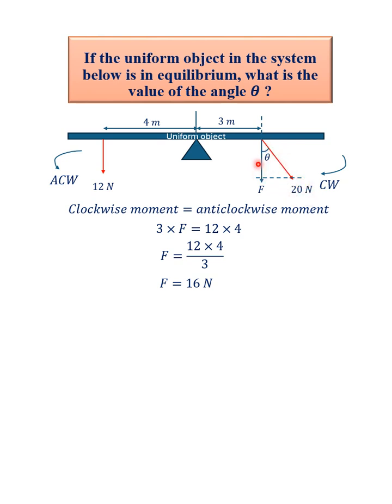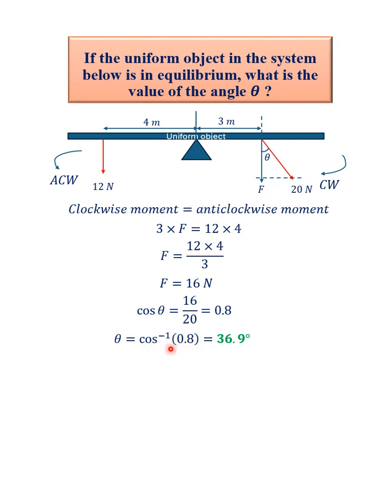So with adjacent over hypotenuse, we can find the value of theta, and that is cos. So cos theta is equal to 16, the adjacent, F, over 20, the hypotenuse. 16 divided by 20 is 0.8. To obtain theta, we take the cos inverse of 0.8, so that theta is equal to cos inverse of 0.8.